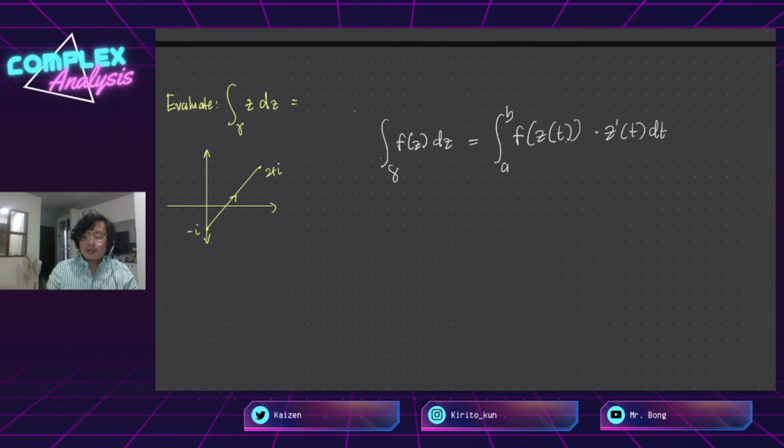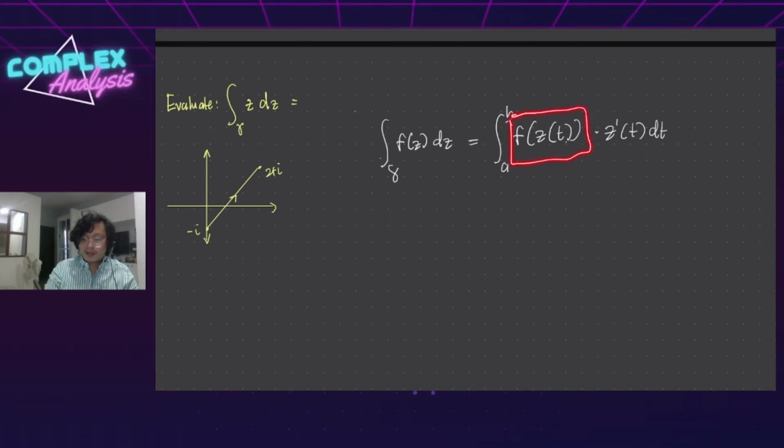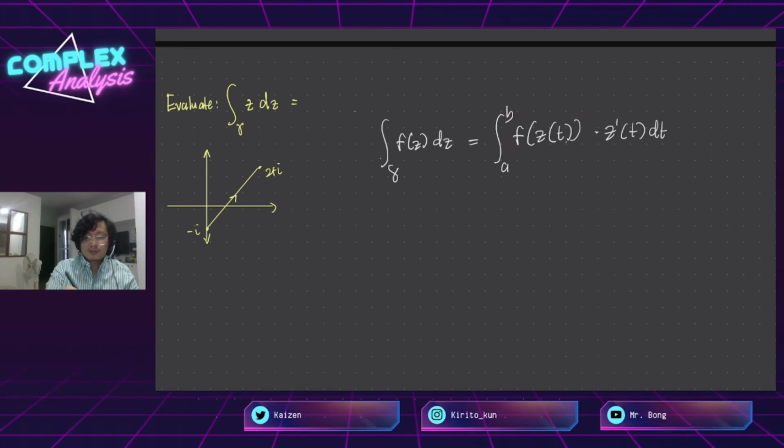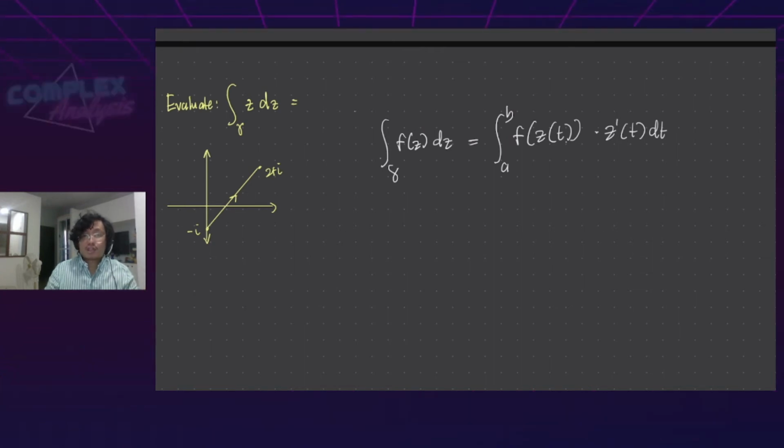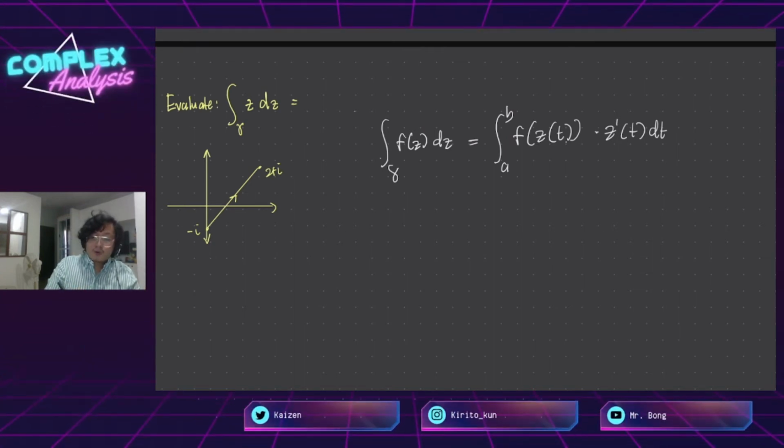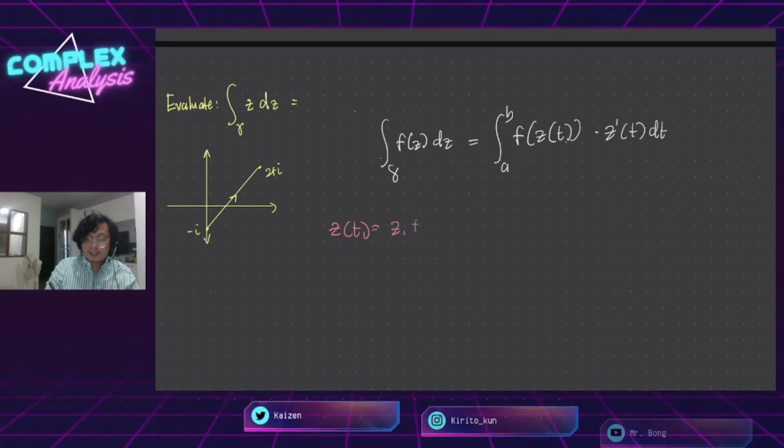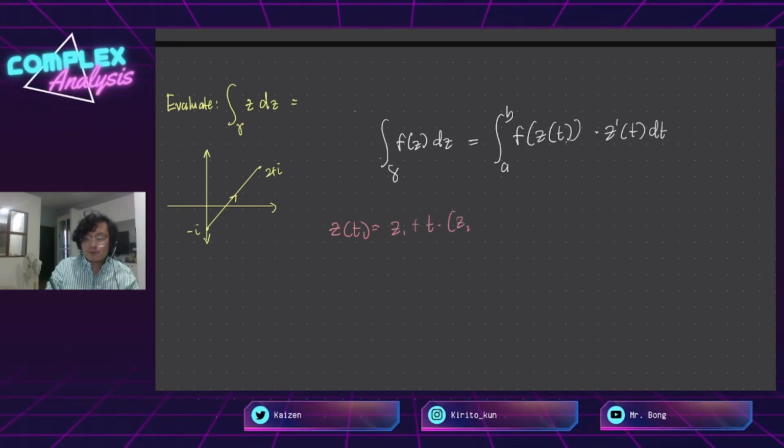So first, let's solve this expression. To solve that expression, we need the parameterization formula from the previous slide. So we will have z of t is equal to z sub 1 plus t times (z sub 2 minus z sub 1).